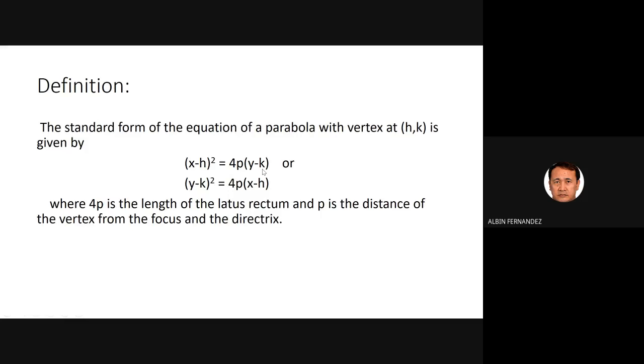Take note that h is always paired with x and k is always paired with y. Now 4p is the length of the latus rectum and p is the distance of the vertex from the focus and the directrix. So we have to take note of these two standard forms.